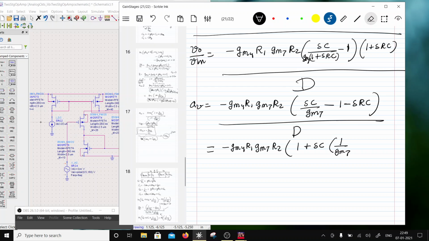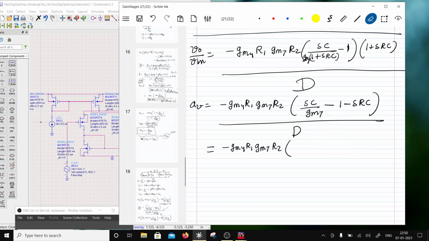Okay, minus SC common, because this has become minus 1 over GM7 minus. So I have SC common, right? So I have 1 over GM7, and this is minus 1. Okay, just write it this way.